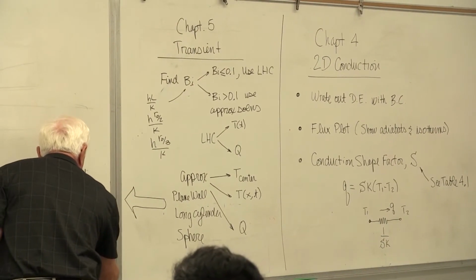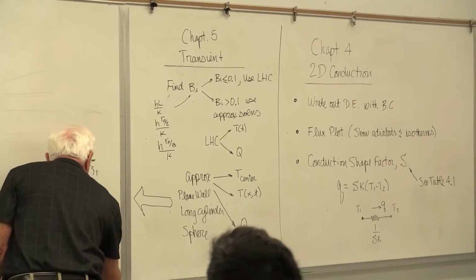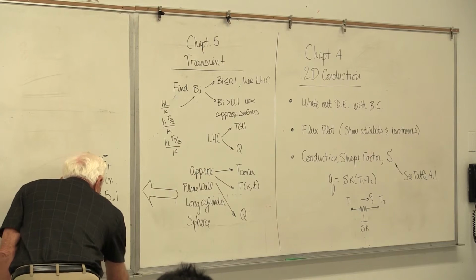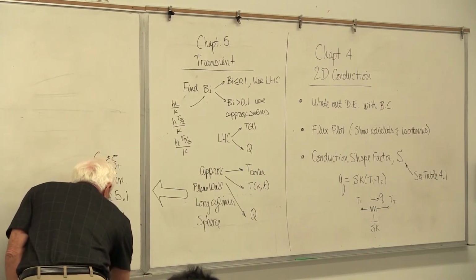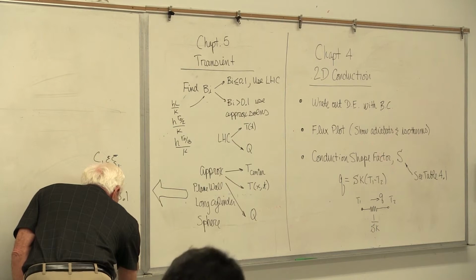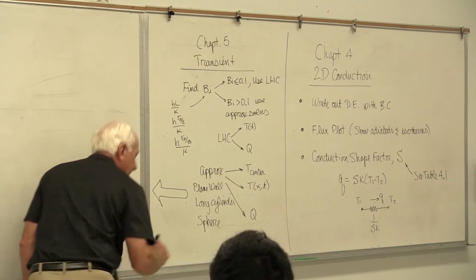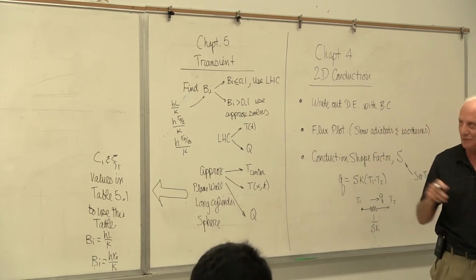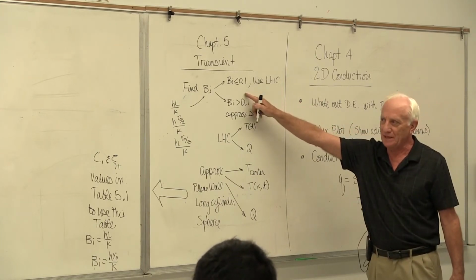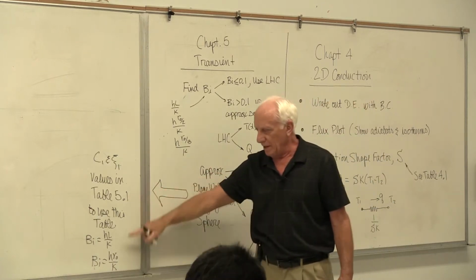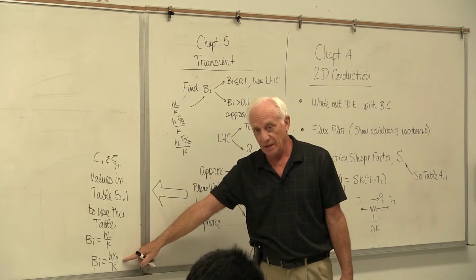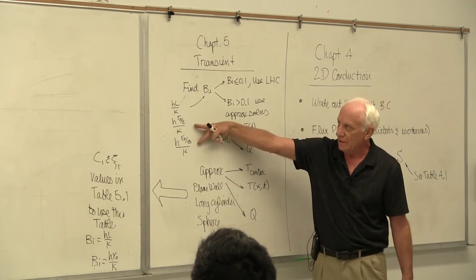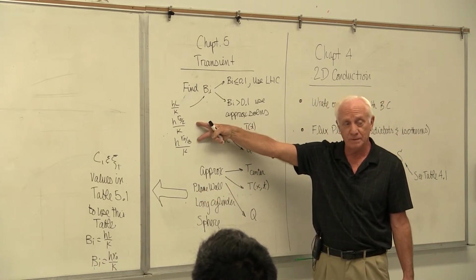To use this table, Bi equals hL over k, or Bi equals h r naught over k. We talked about that. The definition of Bi changes between checking the Bi number. First step, you go to table 5.1 for a long cylinder and a sphere. That's the Bi number, which is different than the Bi number over here for a long cylinder and sphere. So just be careful of that.